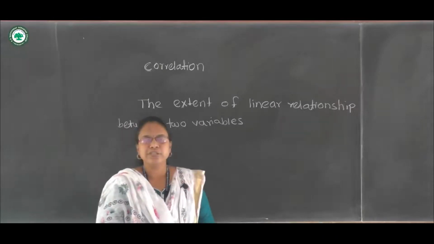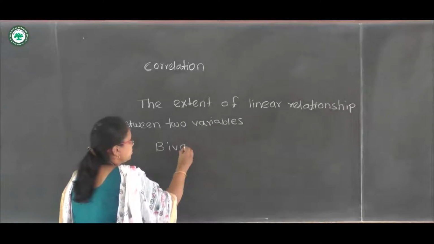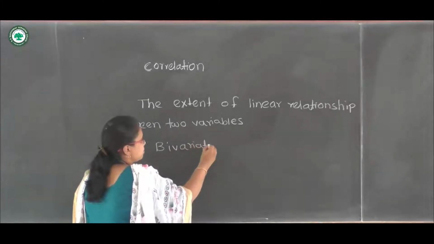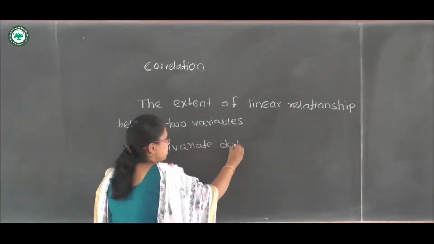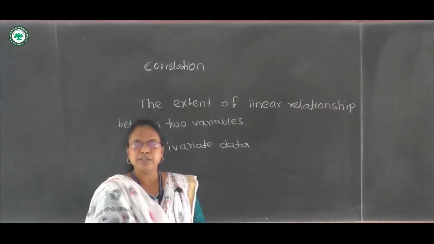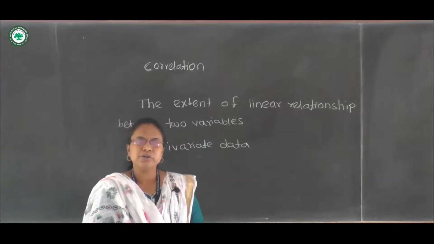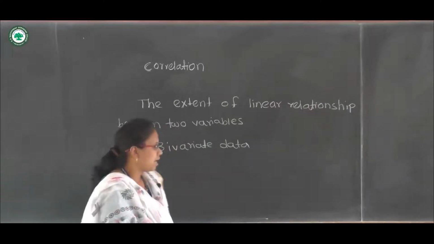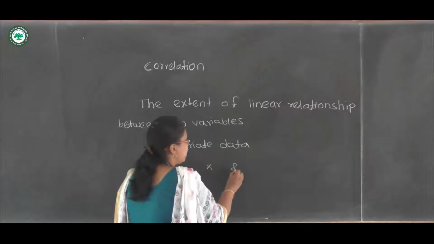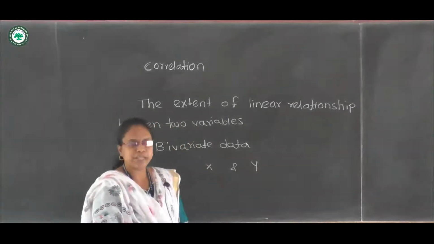The next definition is bivariate data. In order to study correlation, we require the data on two variables. Let us denote these variables by x and y, and we have the data on these two variables.